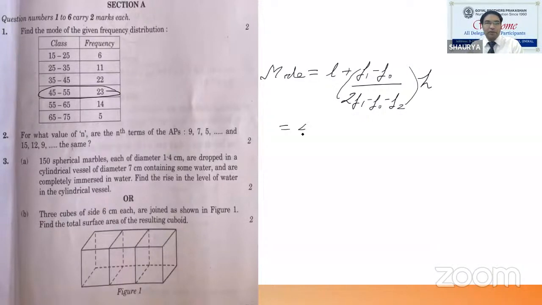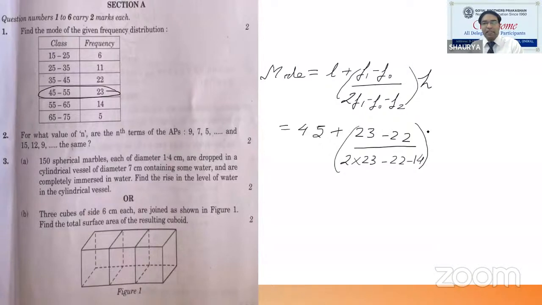So the lower limit of the modal class is 45, plus the frequency 23 minus 22, that is the frequency of the preceding class, 35 to 45, whole divided by 2 times 23 minus 22 minus the frequency of the next class, which is 14. And this entire thing gets multiplied with H, the class size, which is 10 in this case.